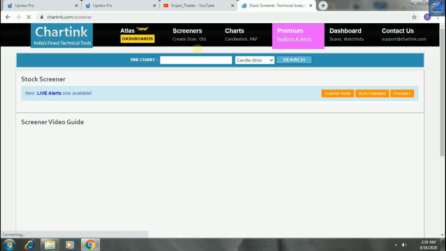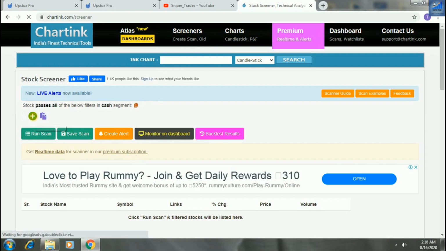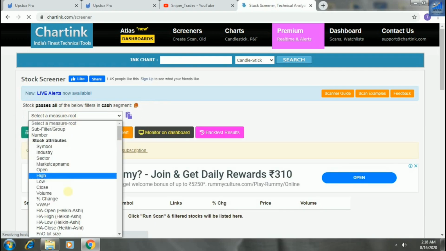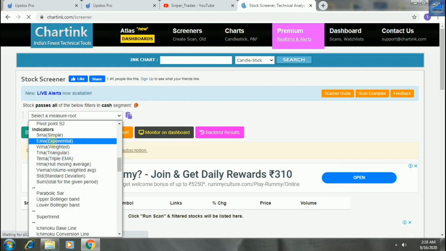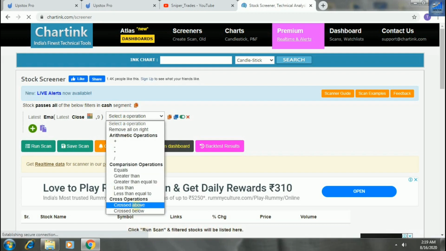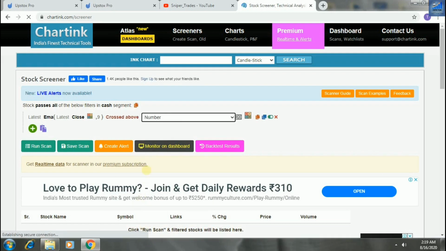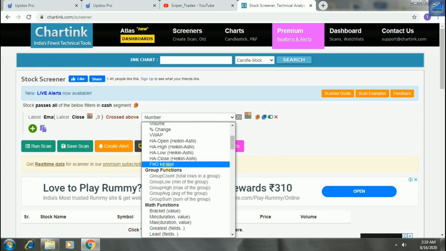At first we are going to create a bullish scan for long positions. Click the plus symbol here and select EMA. Locate the EMA, here it is. Click here and type 9, then click operation, crossed above, and again the next condition, again select EMA.